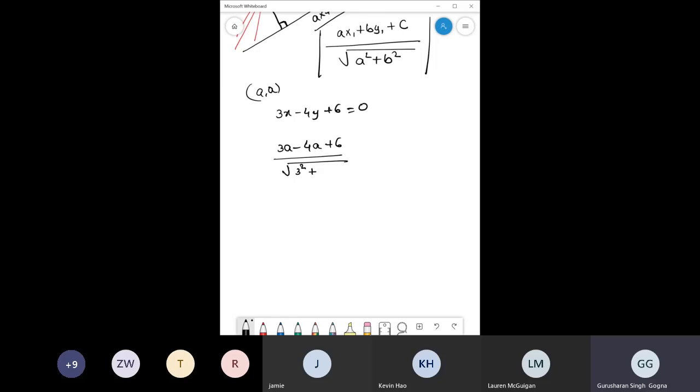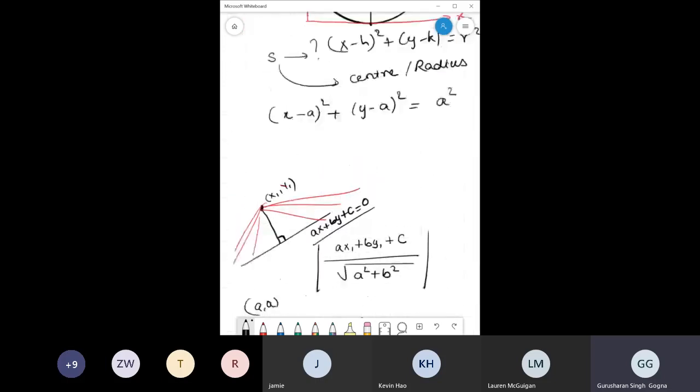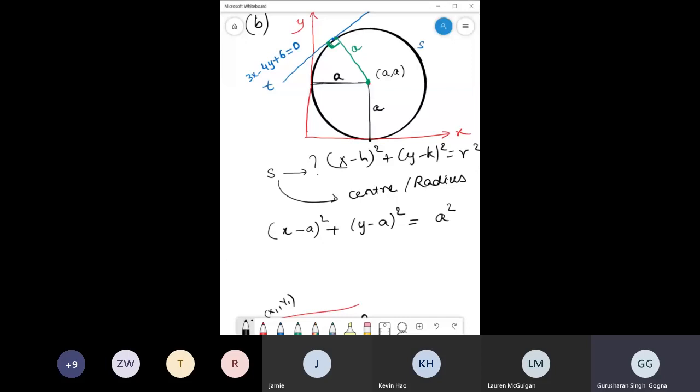Even if you have a negative coefficient like minus 4, you should put a bracket and then square it. So it's the square of the coefficient of y, which is obviously positive, because it's a square. And this is equal to the radius of the circle, which is a. If you look at the diagram, the perpendicular distance is a.